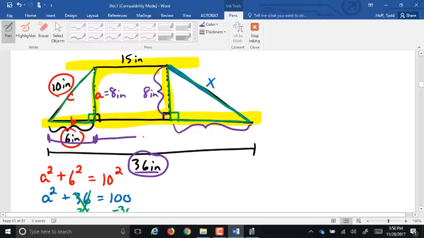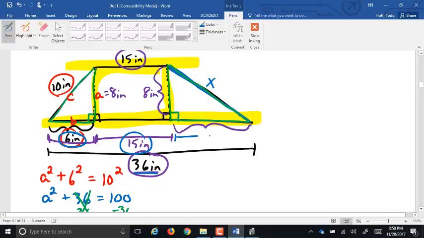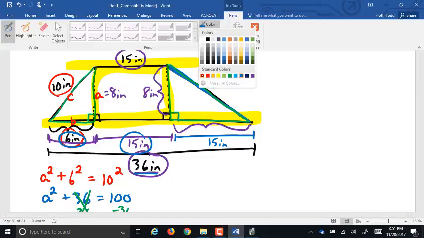This distance from here to here must be the same as the 15 inches. So that's a total of 21 inches between those two measurements. Take that from the 36, makes this here 15 inches. So 6 plus 15 plus 15 has to add up to that 36.